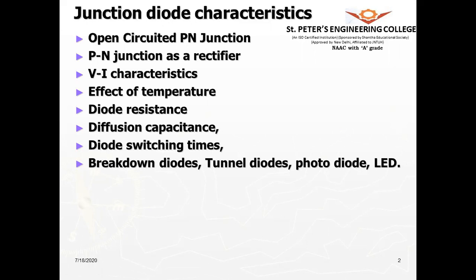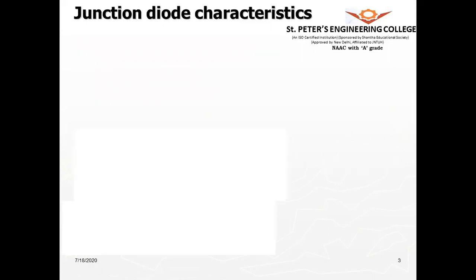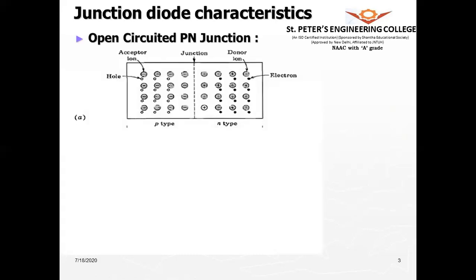So let's get started. When a p-type semiconductor and an n-type semiconductor are joined together, we get a junction. That is a PN junction.